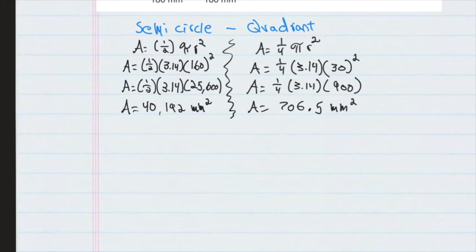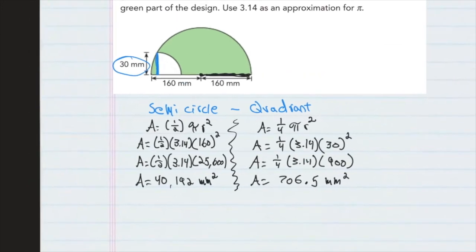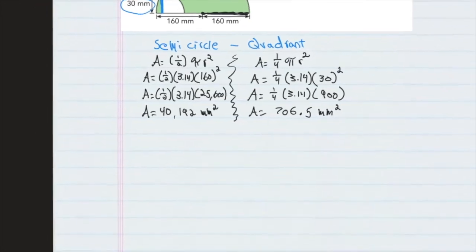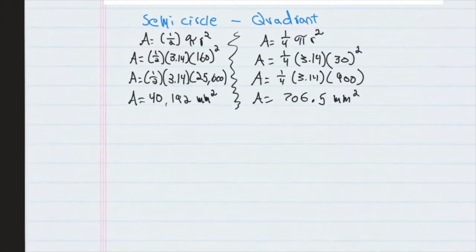But we're not taking those figures together, right? We have the semicircle from the logo. That's the paint we're using, or that's the green that they're using in the logo. And we're subtracting the white quadrant because they don't need paint for that, for example, if you're trying to find paint.